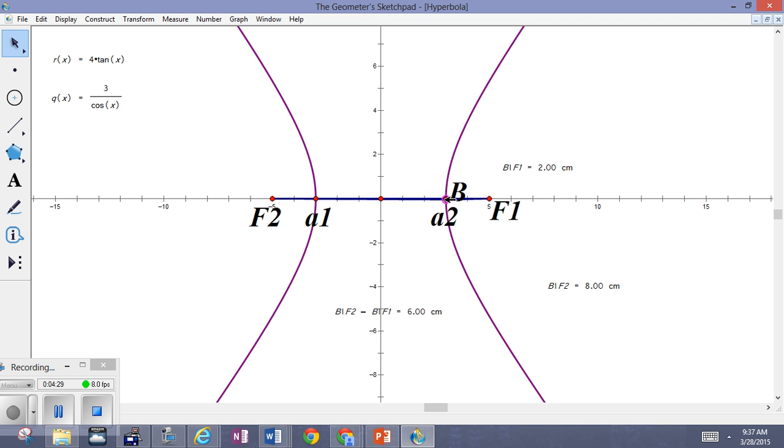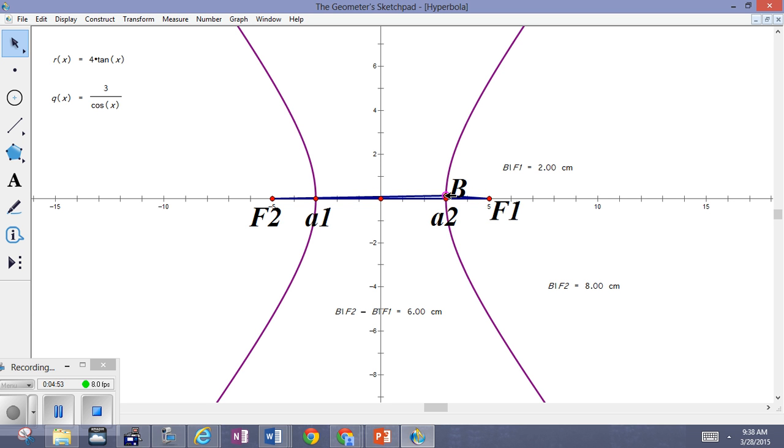And of course, when it's right there, that value is 2. All right, so agreeably then, this distance, BF1, is going to equal F2A1, the distance from F2 to A1, which appears to be 2 units when we move down to this vertex right here, okay?